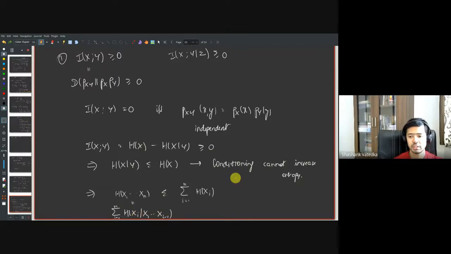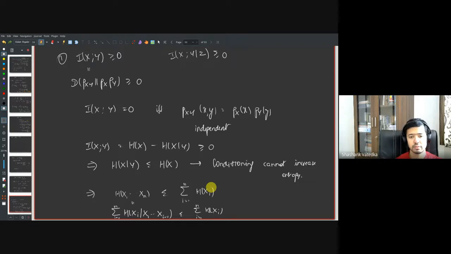But since conditioning cannot increase entropy, this quantity is less than or equal to H(Xi). All right, so conditioning cannot increase entropy, it can only decrease entropy, and the entropy of a sequence of random variables is less than or equal to the sum of the entropies of the individual random variables.